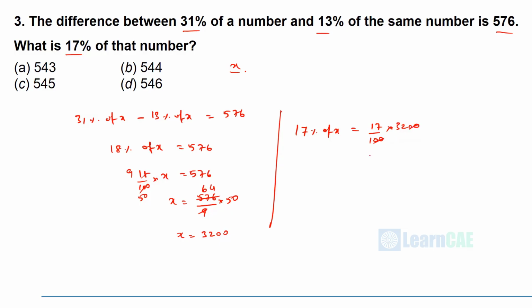We shall cancel the 2 zeros. This will be 32 into 17. Okay. 17 into 2 is 34. 17 into 3 is 51. 4, 4, 5. So the answer is 544. 17% of the number is 544. Option B.